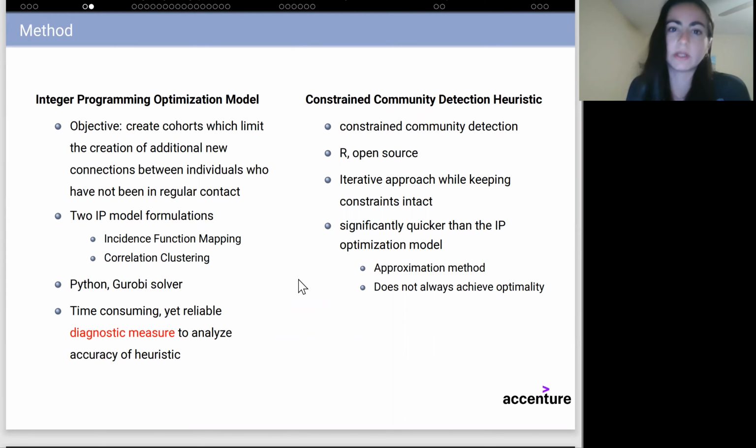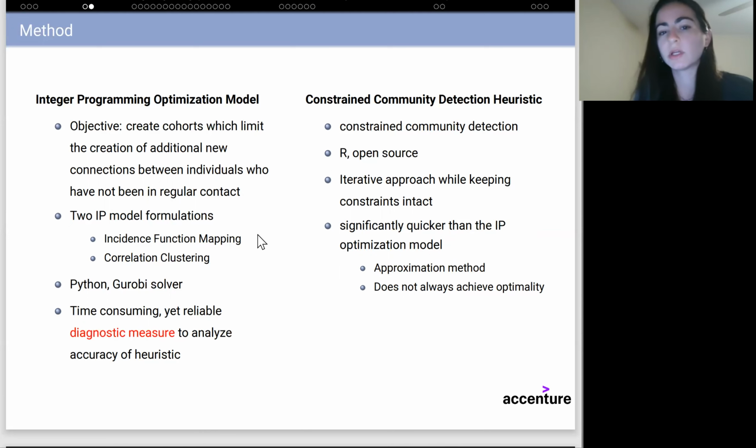So our first approach was to develop an integer programming optimization model, and this would give us an optimal solution. And we came up with two formulations, and it was interesting to look at how their performance compared in whether the graph was sparse or dense.